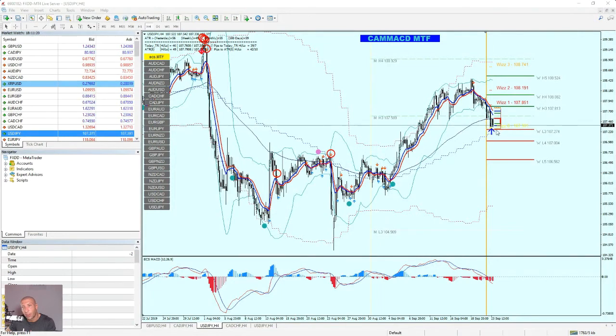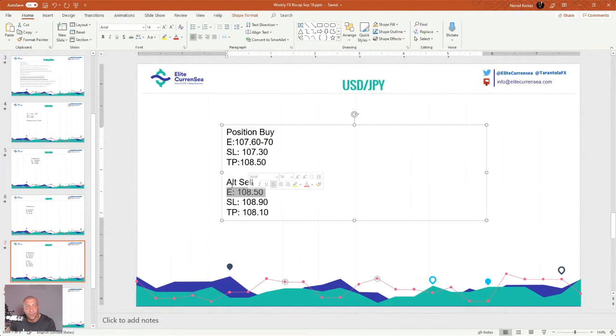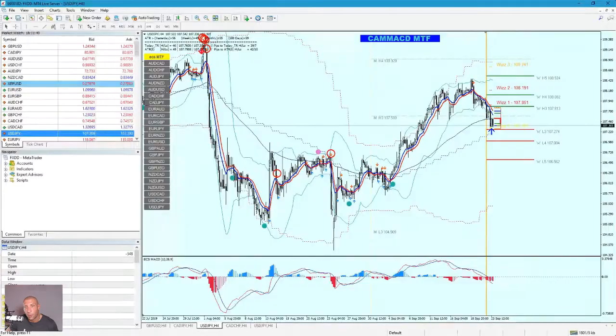If you want to join, 107.27 to 37 is the dollar yen potential buy. But as I'm saying, I won't be trading because I have CAD yen and GBP dollar. I'm at my full risk for these trades. So if you want to trade, this is it.